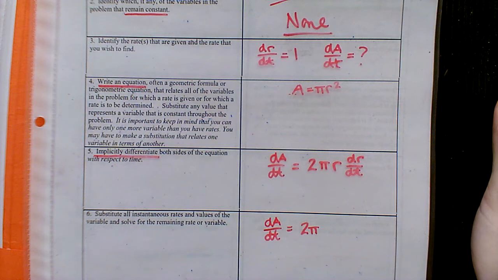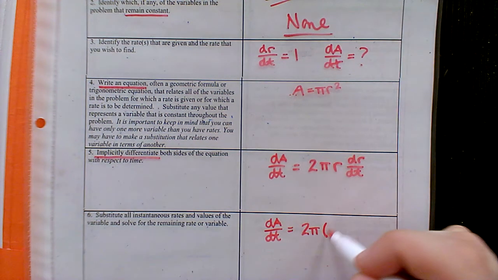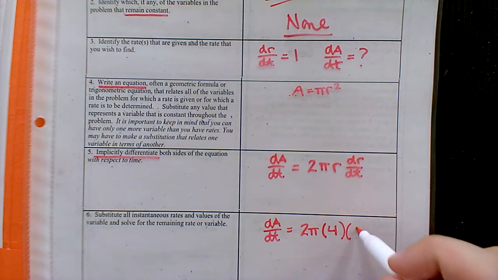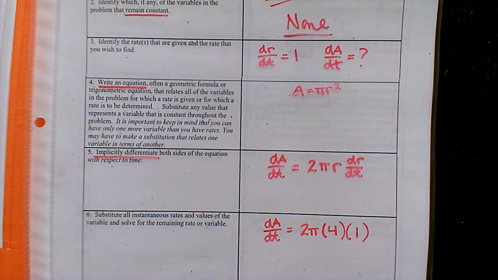That would be the 4, right? Do we know the rate at which the radius is changing at this particular moment in time? We labeled that as 1, right? So we should be able to calculate from there. Pretty simple. Looks like we'll have 8 pi.